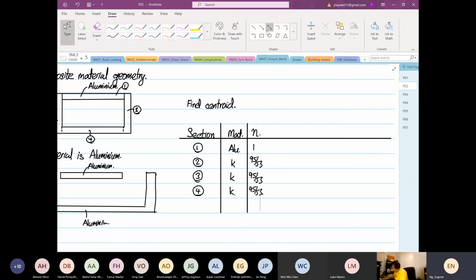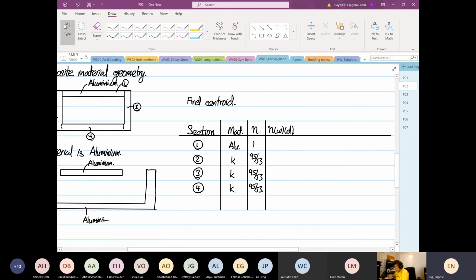And then after that, you calculate your N, width, and depth. So over here, N is 1. For the aluminum, the top part, the width is 12 and the depth is 0.5, so this is equal to 6.